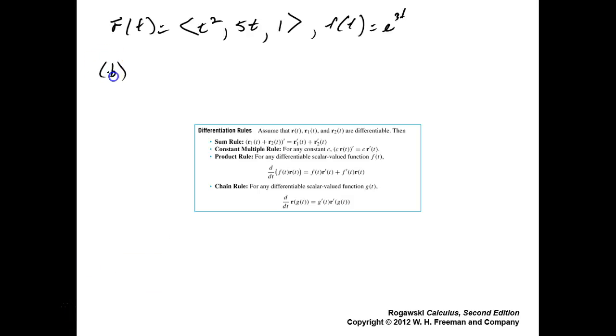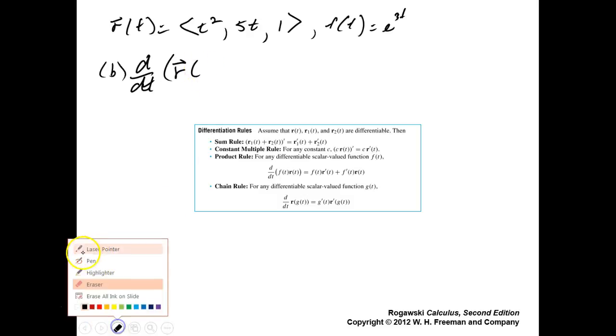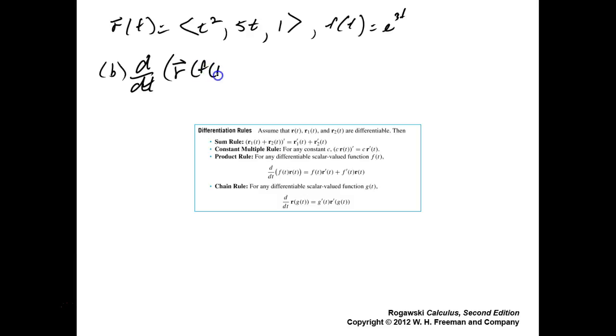This is the B part. d by dt of r of f of t. I can't write. Say it right and write it wrong. r of f of t. Okay. I put extra parentheses in there. It doesn't really matter. Not necessary.